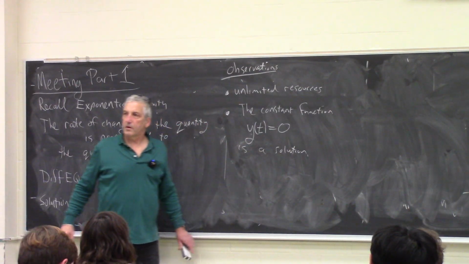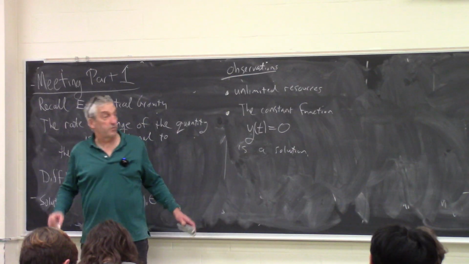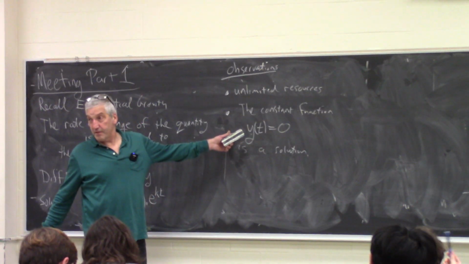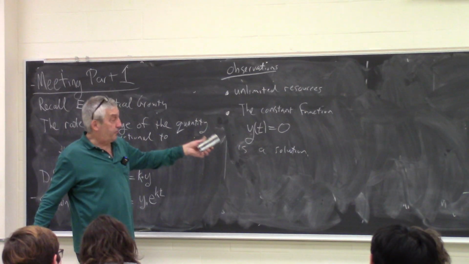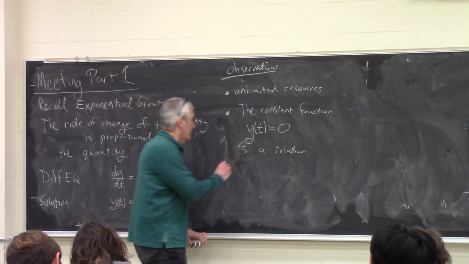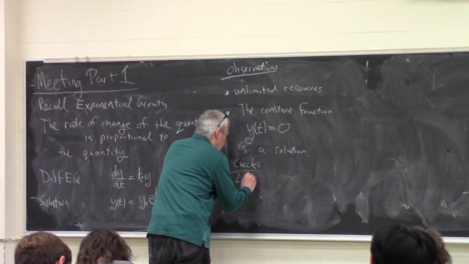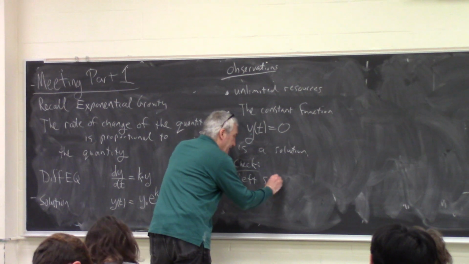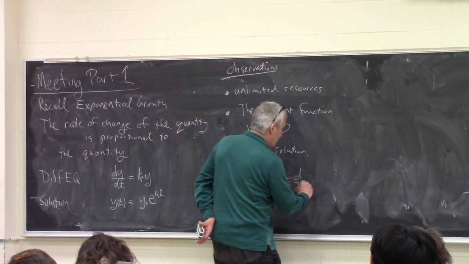Now remember, if you're presented with a differential equation and a function that's a candidate to be a solution, you can always check to see if it is a solution. You check by putting the function into that equation and see if it works. So the left side is d/dt of the number 0.